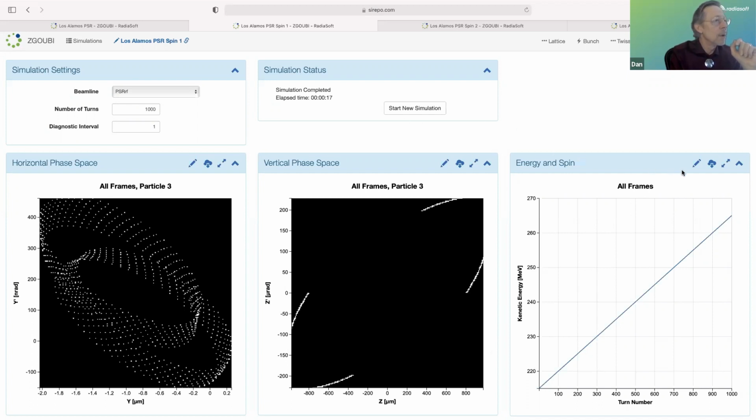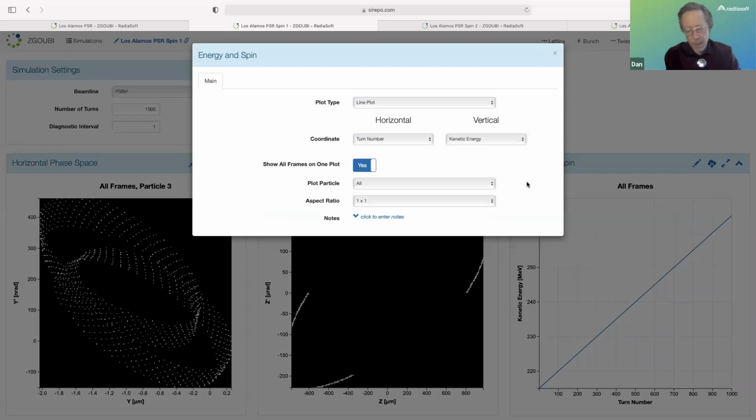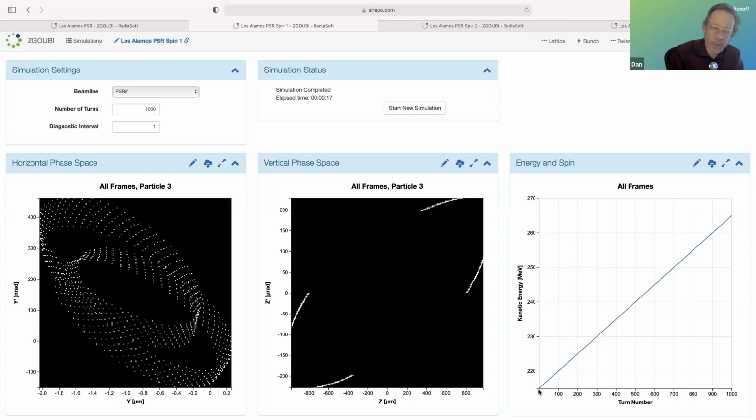And now when I want to look at, so here you see that I started at 215 MeV and ended up after 1,000 turns at around 265 MeV. So I'm crossing that resonance that's just below 240 MeV.